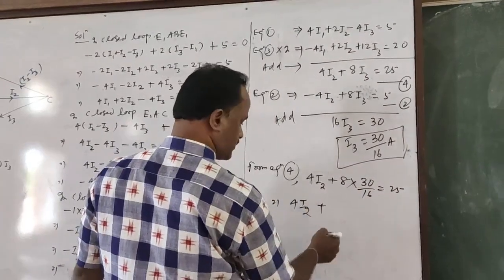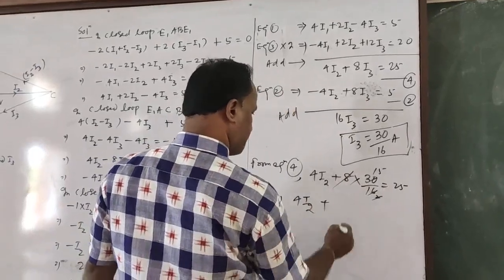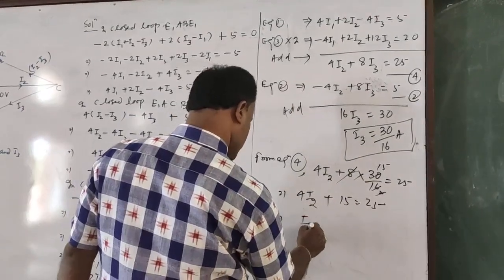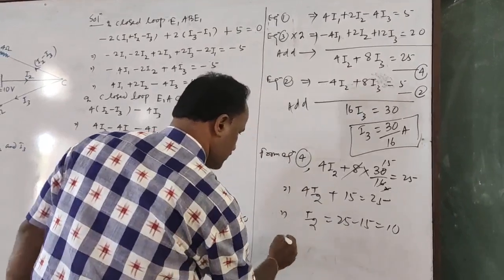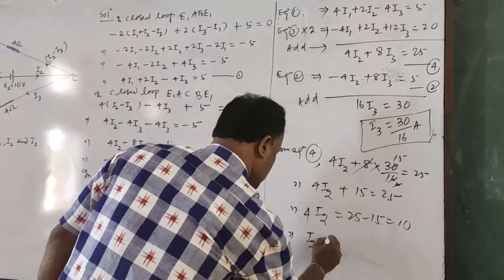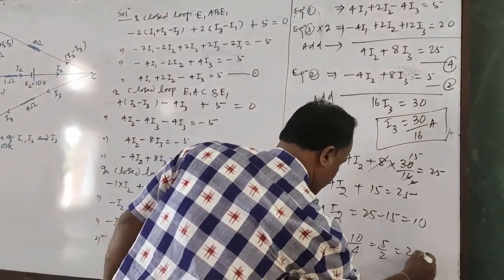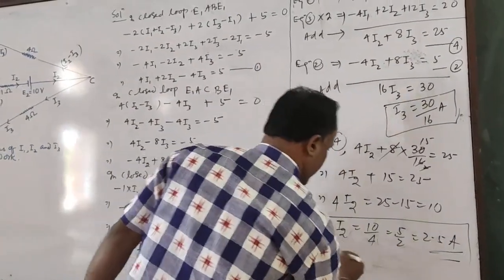Then 4I2 plus 15 is equal to 25, so I2 is equal to 25 minus 15, which is 10. So 4I2 is 10, or I2 is 10 by 4, which is 5 by 2, or 2.5 ampere. This is another value, I2.